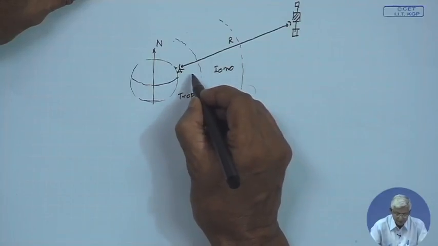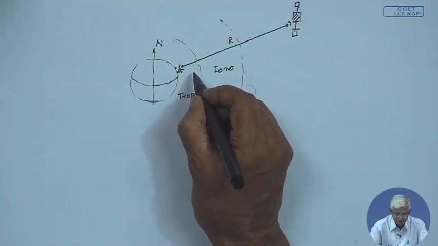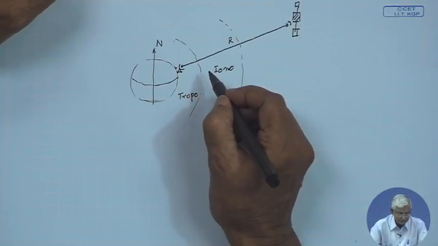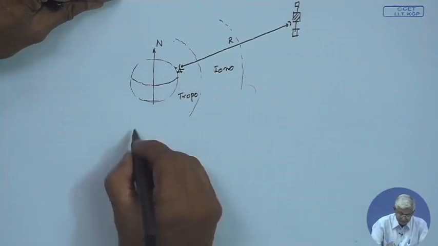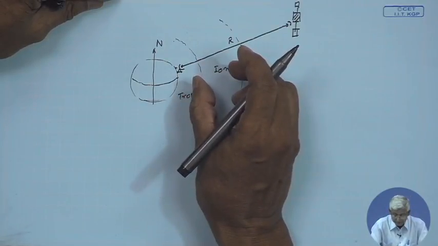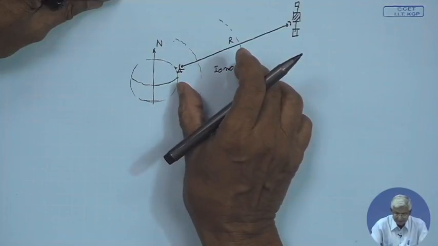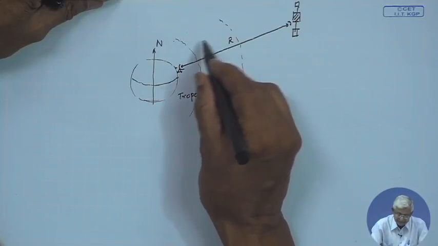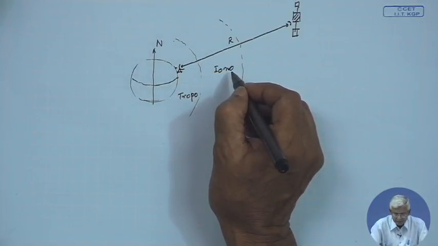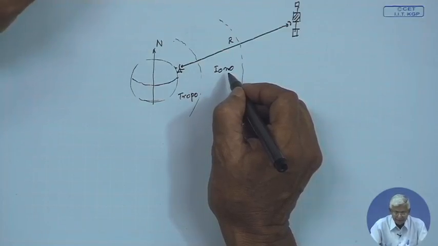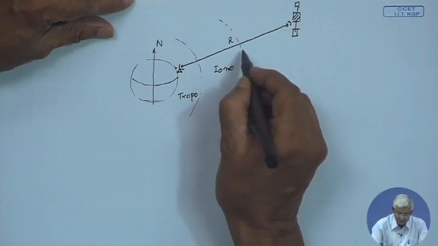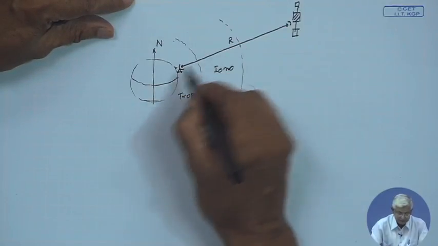Similarly, at the troposphere there will be water vapor, water droplets, ice, dust, many particles, and that also will interact with the electromagnetic wave. So, this electromagnetic wave is the input which is coming, and the output which comes out of the medium will be less, because the electromagnetic energy is absorbed by some of the particles, or scattered by some of the particles. Because of that, there is some loss, some attenuation.